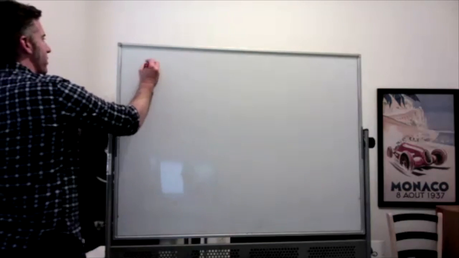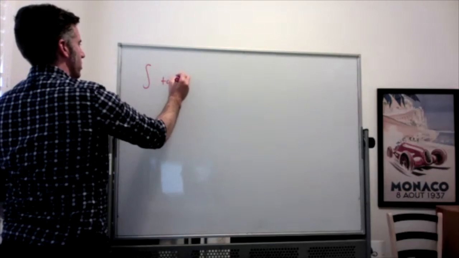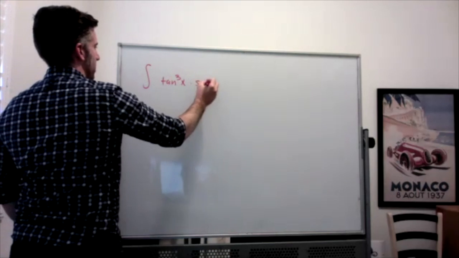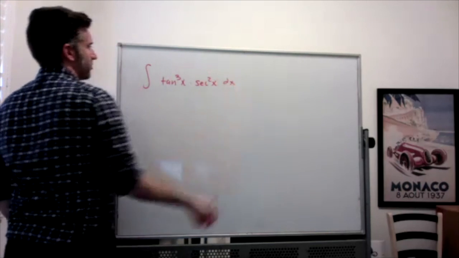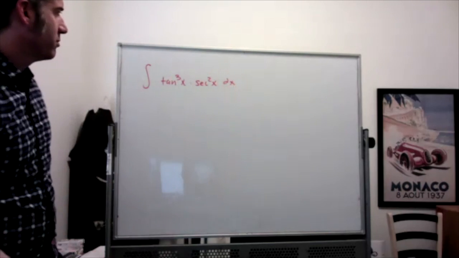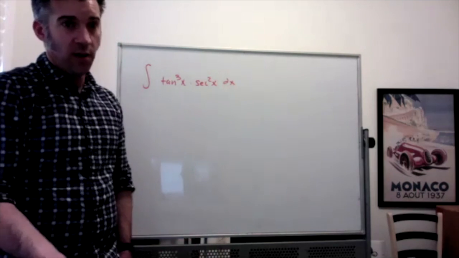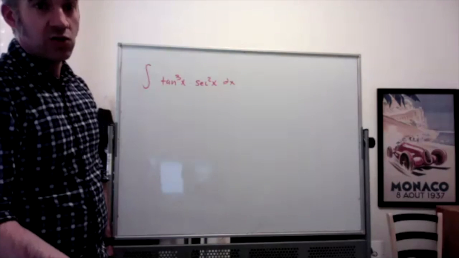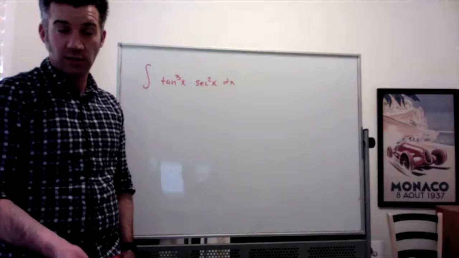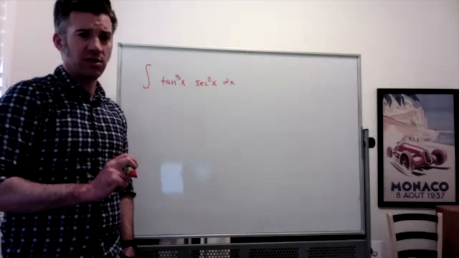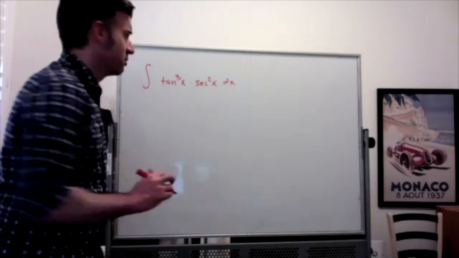What if we had the integral of tangent cubed x times secant squared x dx? This one probably technically can be done a number of ways, but there's a better choice. You could let u equal tangent. What's the derivative of tangent? Secant squared.